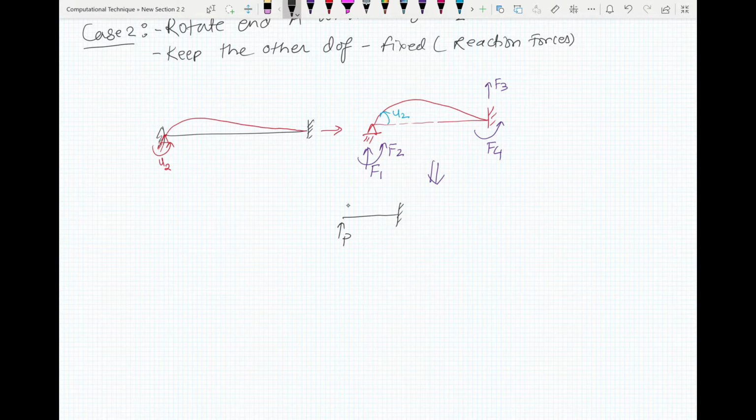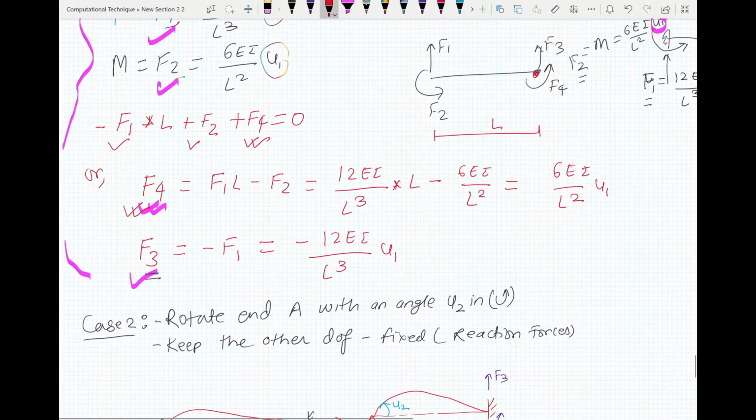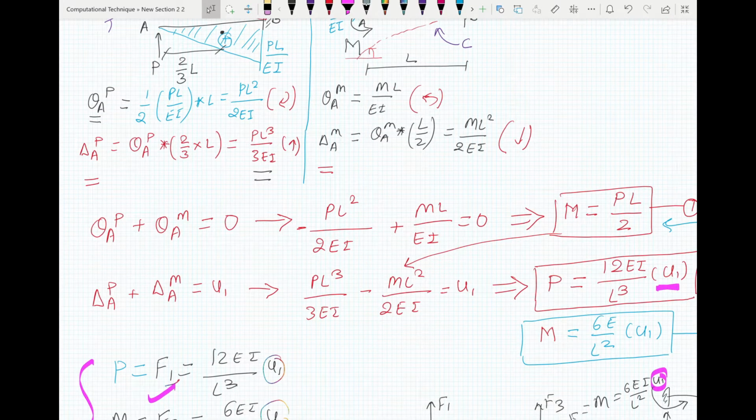We have P here, this is L, plus we'll have M here, and this is L, like this. So here also, if this is A and this is B, theta A due to P will be equal to PL square by 2EI. They will be same as this one.